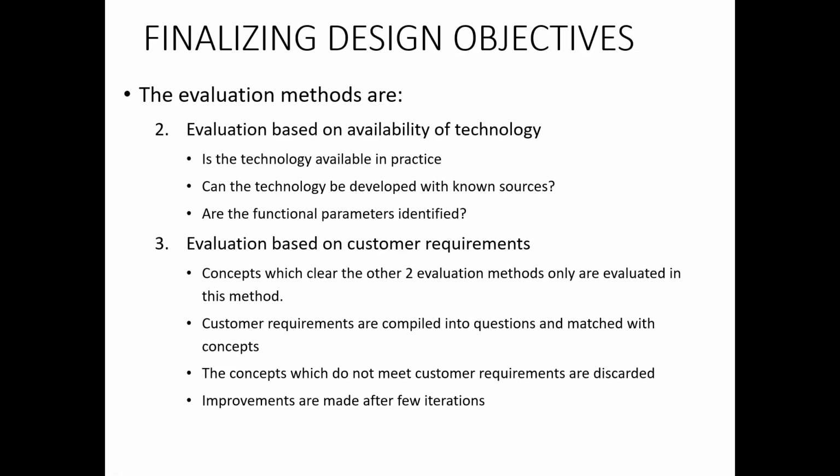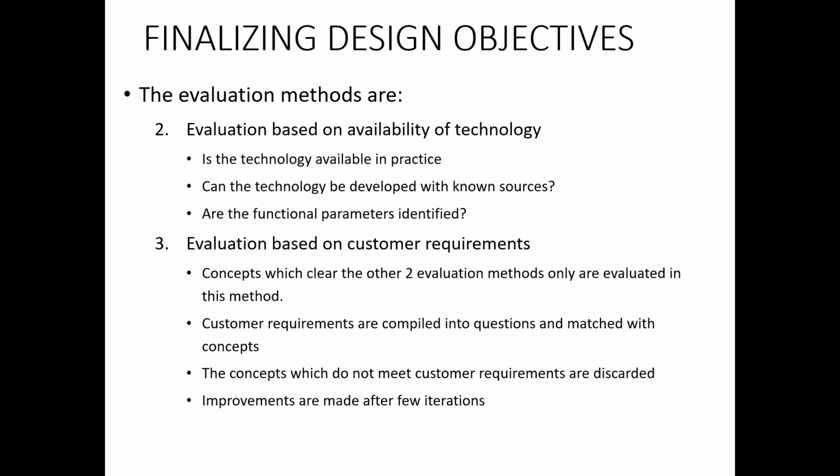Then the second evaluation is based on the availability of technology. Availability of technology means whether the technology is actually available to us currently. There is no point in making all the designs and having our company wait for the technology to come to us.